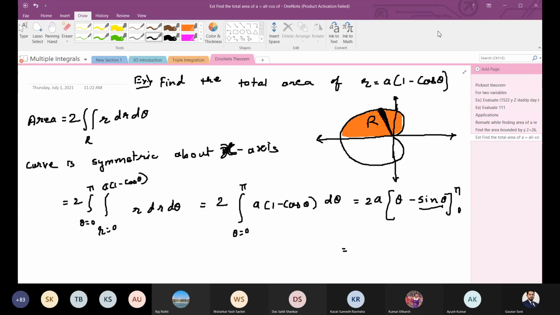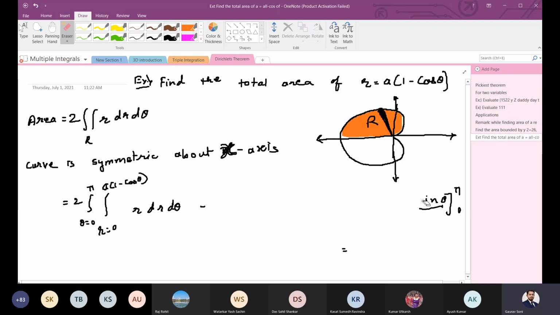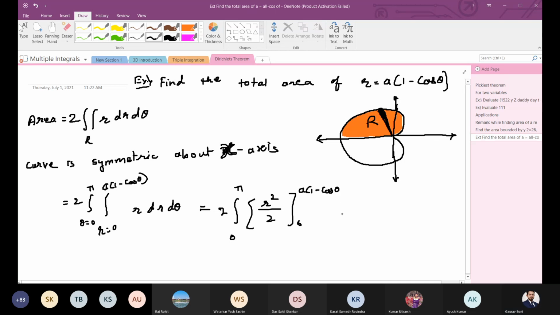This integration step comes from this. So this is 2 times 0 to pi, r square by 2, limits from 0 to a 1 minus cos theta, d theta.